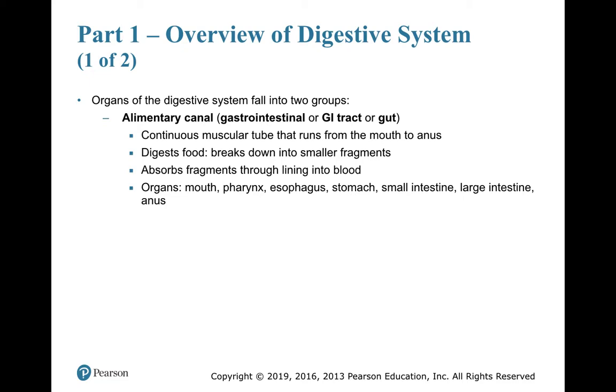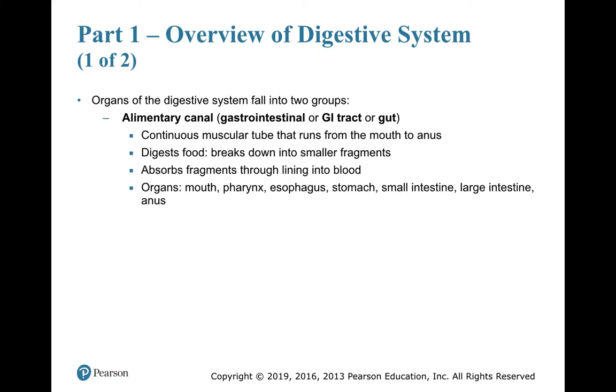It breaks the food down into smaller and smaller fragments, starting with your teeth and ending up with the chemical monomers that build organisms: carbohydrates, lipids, amino acids, and nucleic acids. Those chemicals are absorbed through the lining of the gastrointestinal tract into the blood.